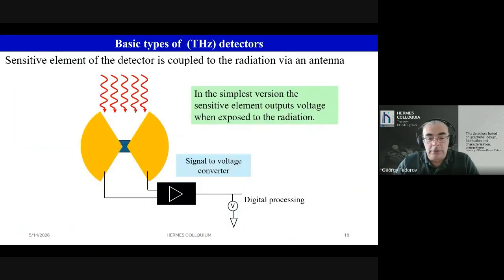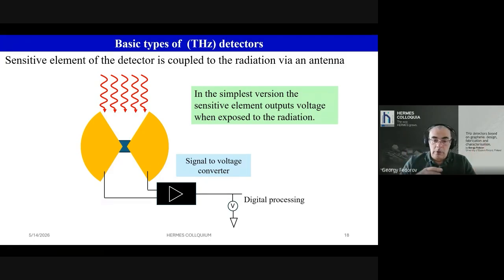Now, what we want our detector to do, we want to convert the radiation into voltage. Every sensor we use in our life, not every, but whenever we think about chemical sensors, sound sensors, whatever sensors, we want them to convert the external stimuli into voltage, because voltage is very easy to digitize and then to numerically process with our computers.